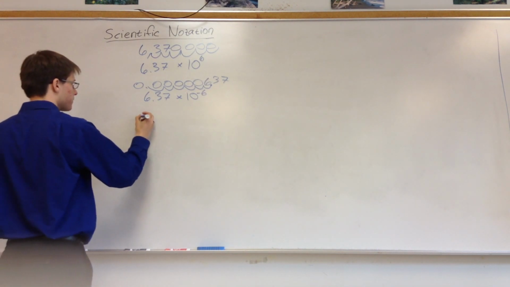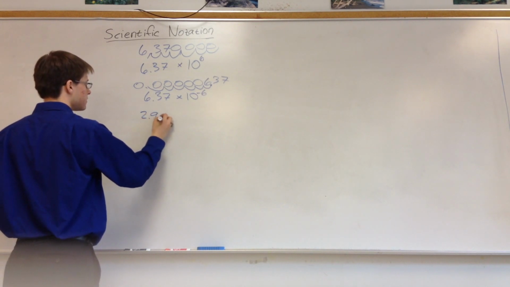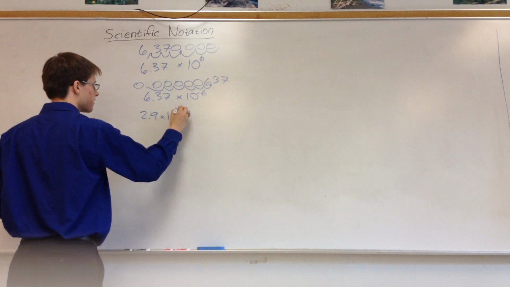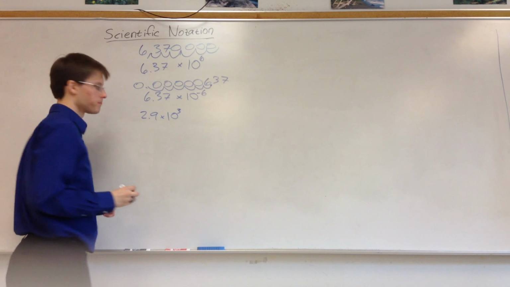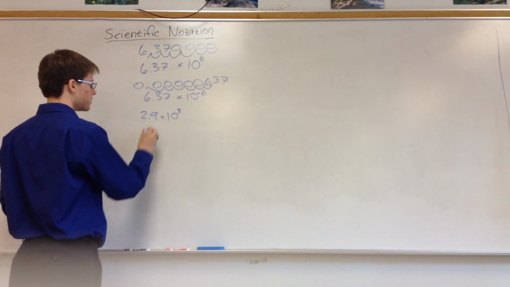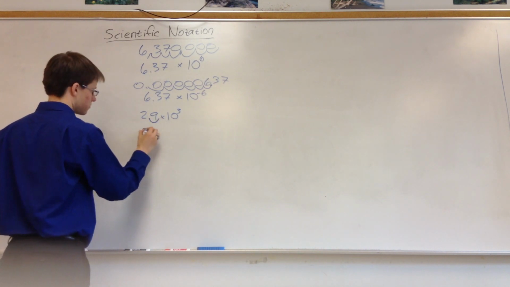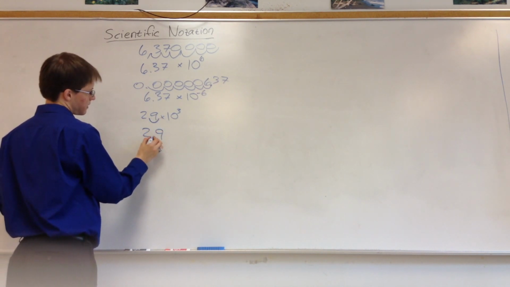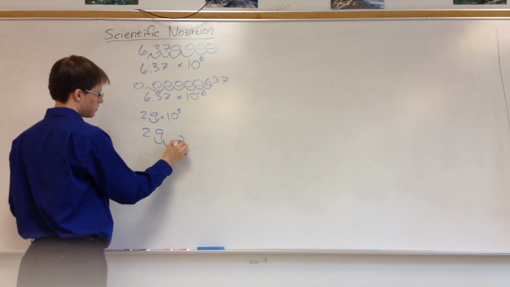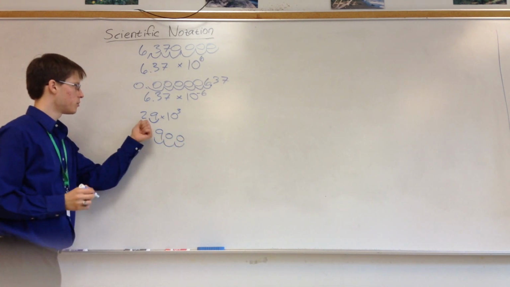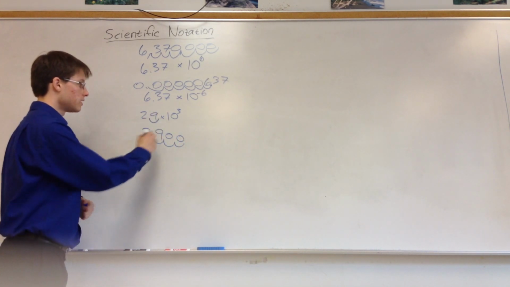So suppose you want to convert 2.9 times 10 to the third to a normal number. Well, a positive exponent means it moves to the right. So it moves to the right 3 spots. Let's actually write it here. 2.9 moves 3 spots: 1, 2, 3. So 2.9 times 10 to the third is 2900.